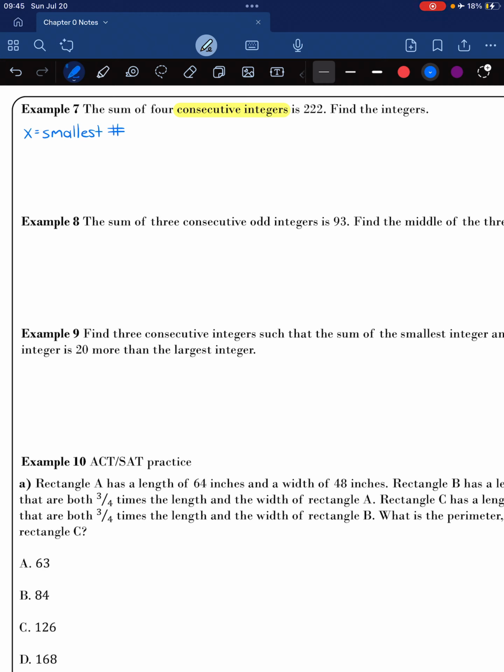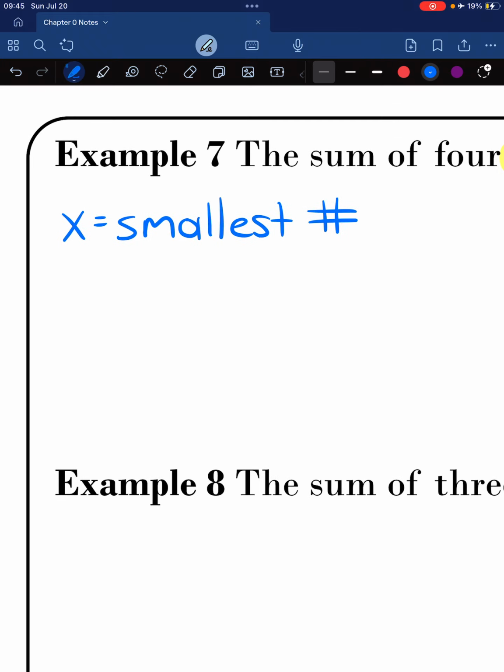In order to get from the smallest number to the next smallest number, if I'm just counting up consecutive integers, like if 2 is the smallest integer, well, the next integer is 3. So to get from 2 to 3, I just add 1. So the next number is x plus 1.